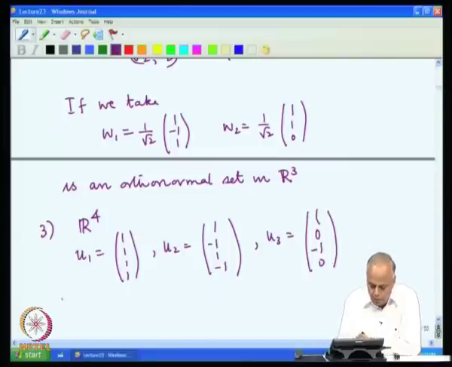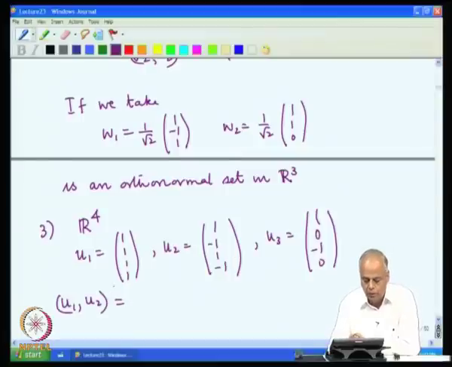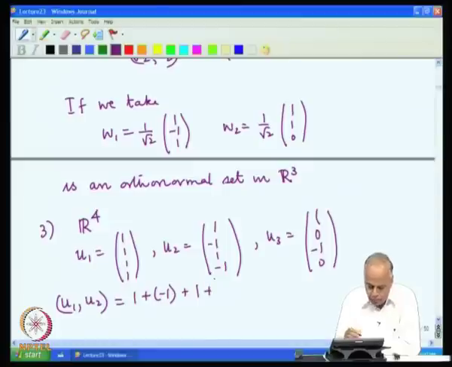If you look at the inner product of u_1 and u_2, which is simply the sum of the products of the components, it is 1 into 1, which is 1, plus 1 into 1, which is 1, plus 1 into -1, plus 1 into -1, which gives me 0.